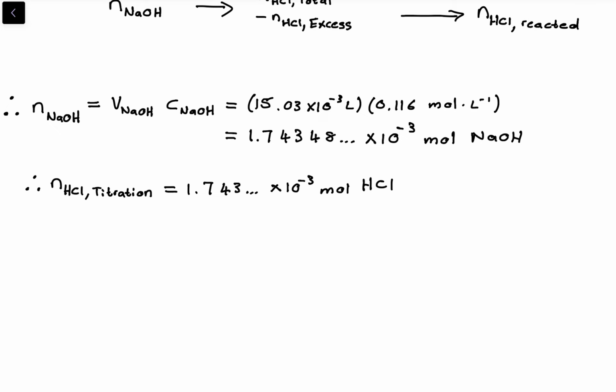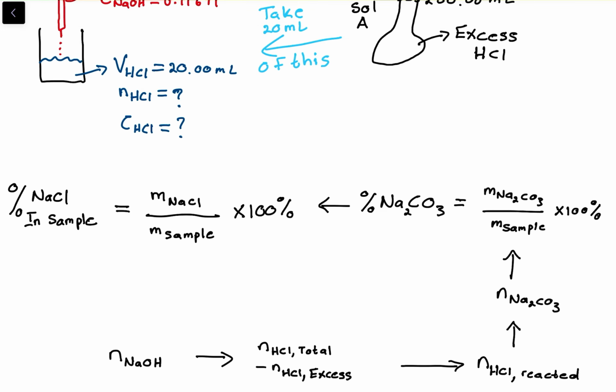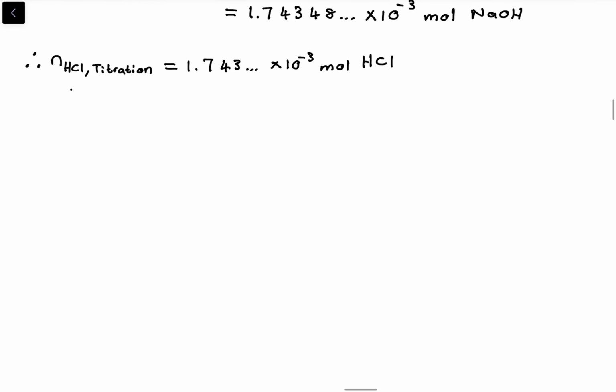Okay. But that amount of HCl is in what? That was an aliquot of 20 milliliters. So what is the concentration? Therefore, the concentration of this HCl, you'll see now why I go back to concentration first, of this titration, I'll just call it that for now, is equal to the number of moles of HCl in the titration divided by the volume of the aliquot.